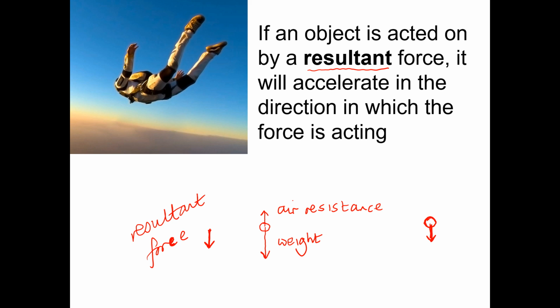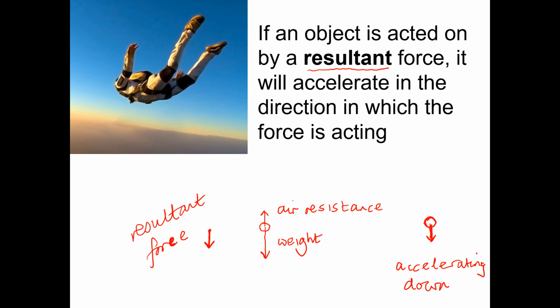This person, this thing, this object will be then accelerating downwards. Not just moving down, they will be accelerating downwards. What does that mean? Well, they will be getting faster. They will be accelerating in the direction which the force is acting.